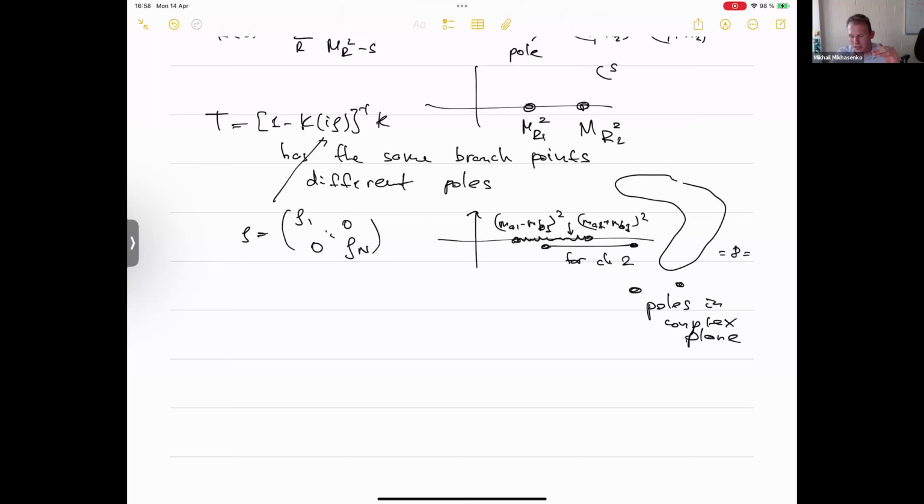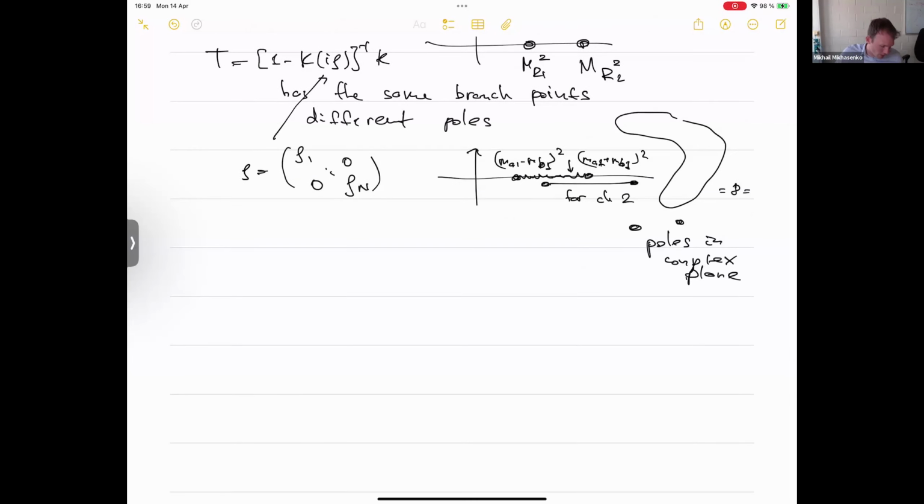Everything that one sees in the data, when you look at your scattering amplitude along the real axis, is a manifestation of the singularities in the complex plane. Once it's a bump, it's likely a pole in the complex plane, and narrow structures like cusps are produced by the branch points. You see that the black dots here are the branch points, and that's where the function is smooth, but the derivative is broken, so it has a cusp.